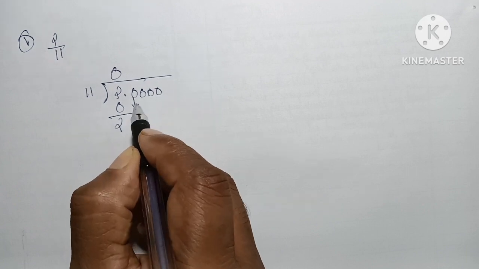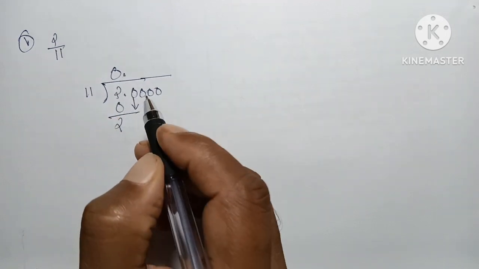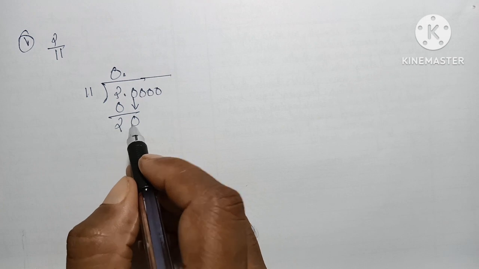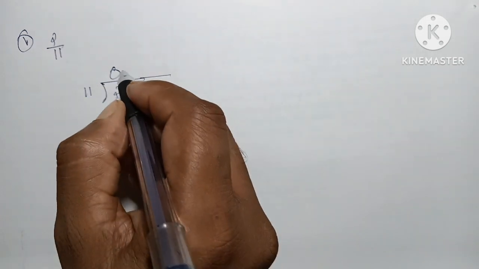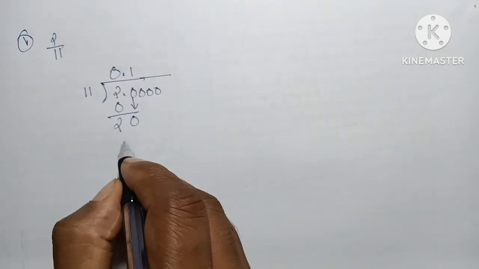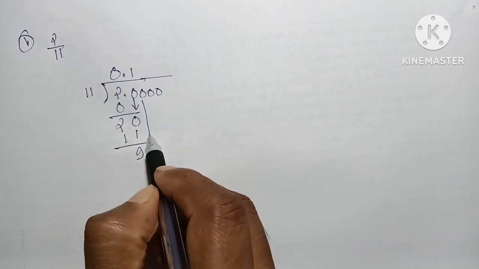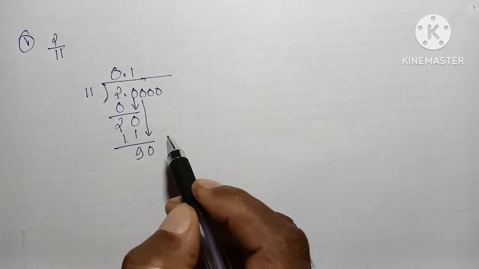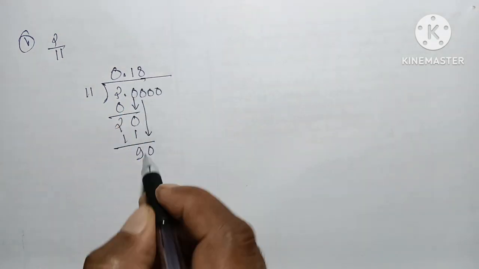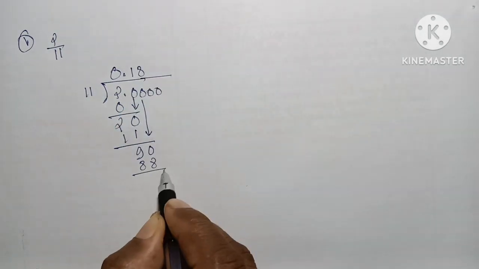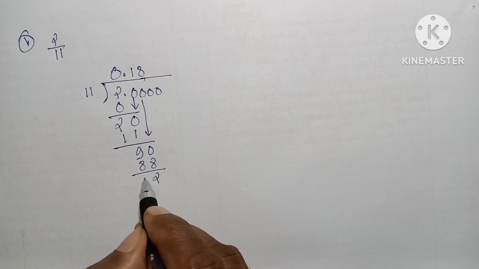Now bring down 0, immediately the point also goes there. Then 0. Then 20. Then one time you give, 11 ones are 11. Then 9. Then 0. Then 11 8s are 88. Then 2. Then 8 minus 8 is 0.